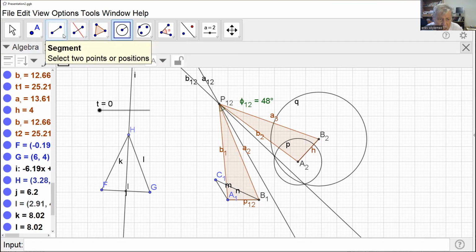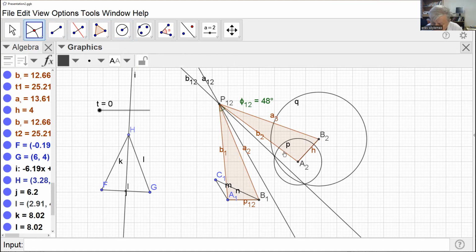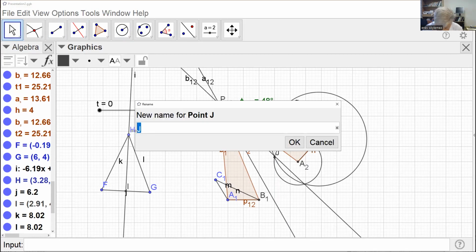As you can see, the point of intersection is going to be this point. I'll call this point C2.